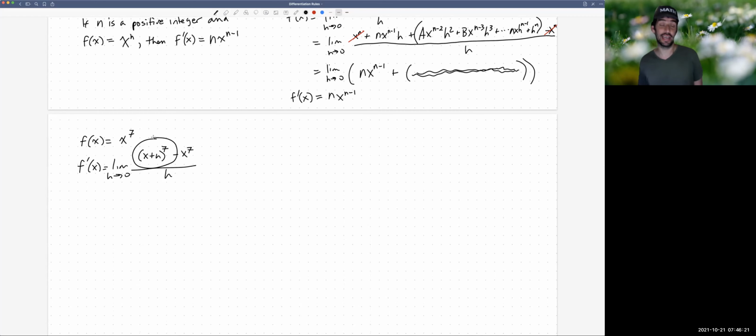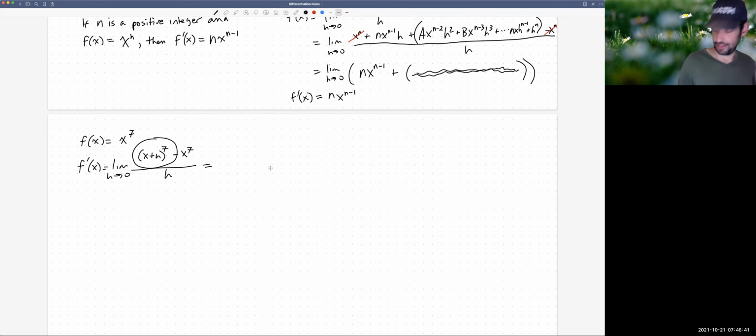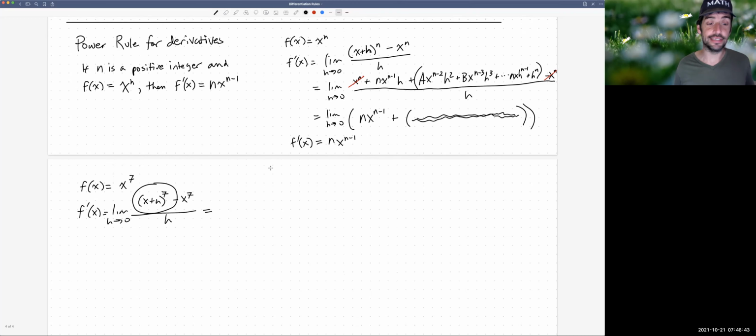And expanding that is going to be ugly. It's going to be a really, really ugly thing with lots of terms. And the idea that we might get through that without making a careless error seems like the odds of doing that without a careless error are pretty slim, or we're going to take an incredibly long amount of time. But with this power rule, I don't need to do all that.